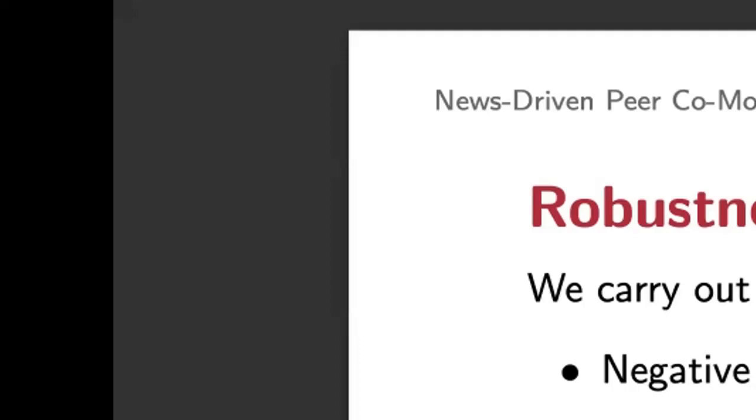We carry out several placebo tests, and they confirm that if we were to just randomly link peers, or link peers that have similar performance or similar sizes, we wouldn't observe this kind of behavior. And then finally, we also find directionally equivalent, albeit economically smaller results when we look at positive shocks rather than negative shocks, which is consistent with the behavioral bias that investors tend to overreact more strongly to negative shocks than to positive shocks.